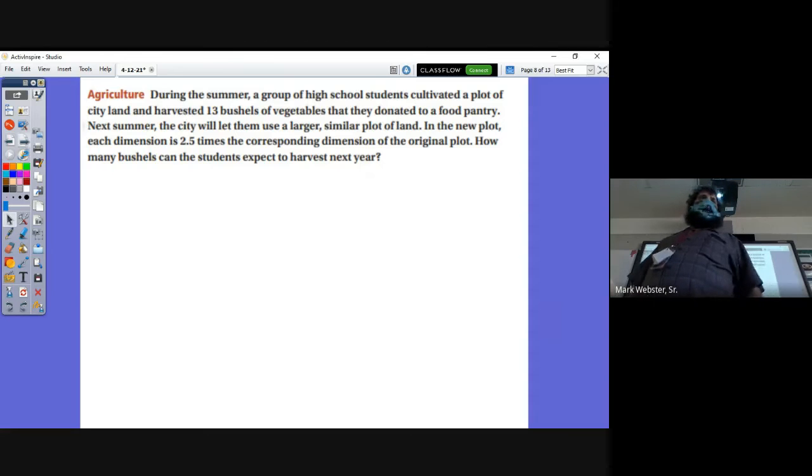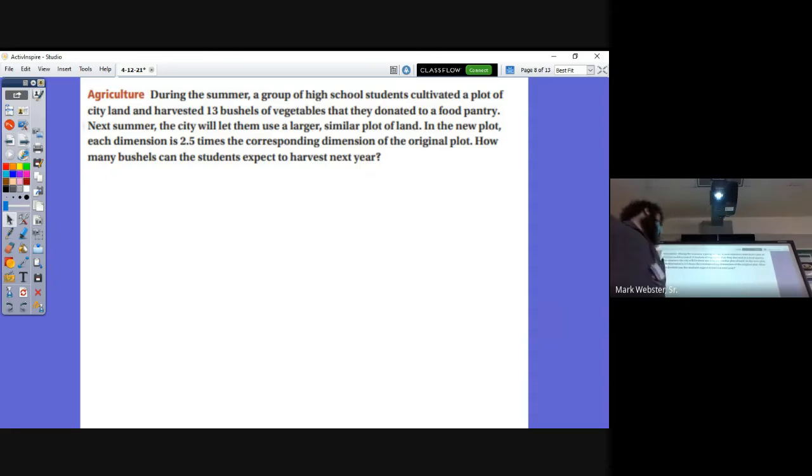So they figure out that all the dimensions are 2.5 times bigger. They know last year they made 13 bushels of vegetables, and they want to know for next year, how many bushels of vegetables are they going to make? So we can figure that out because we know the scaling factor.